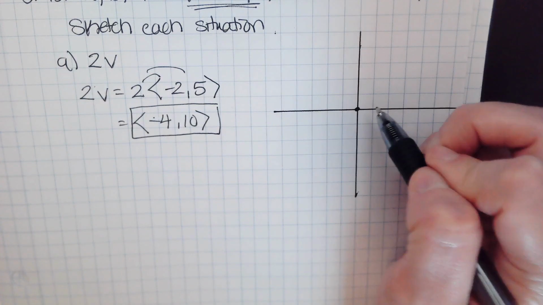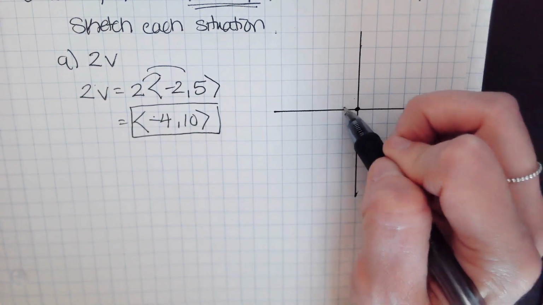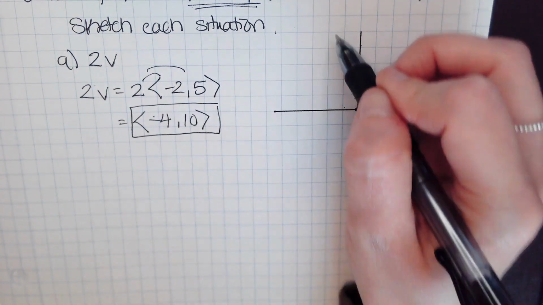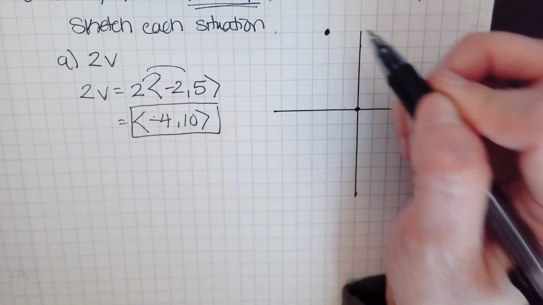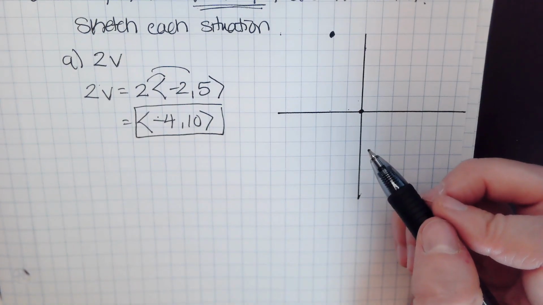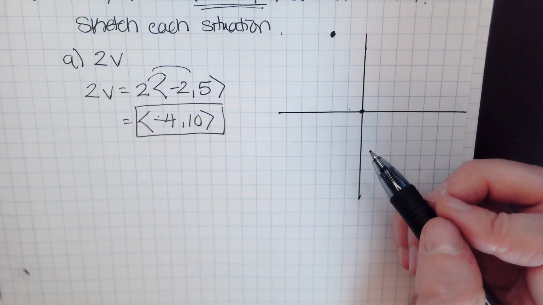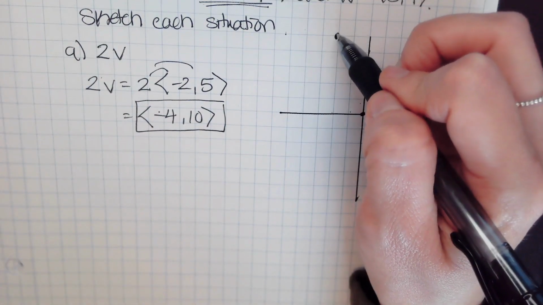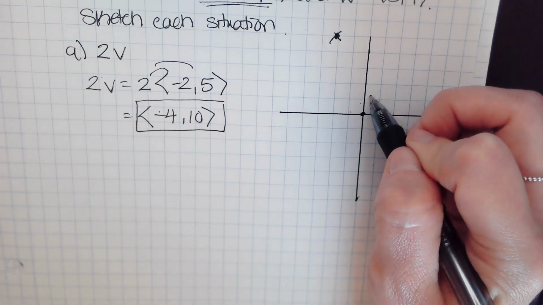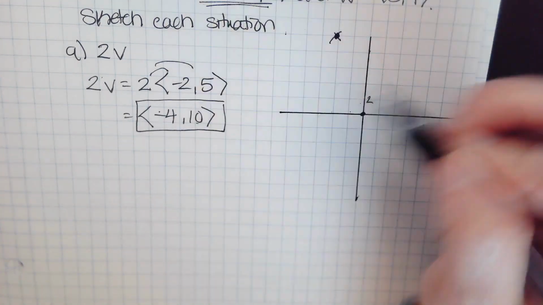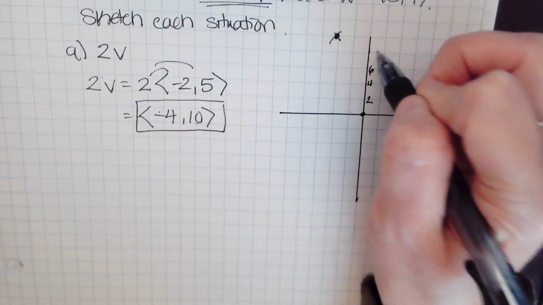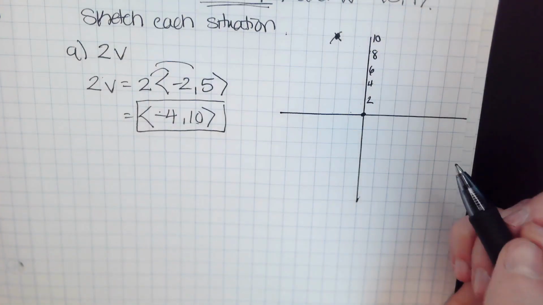So again, initial point 0, 0, terminal point is -2, 5. Actually, we're going to need to count by 2's here, because we're going to need to get to 10. 2, 4, 6, 8, 10.